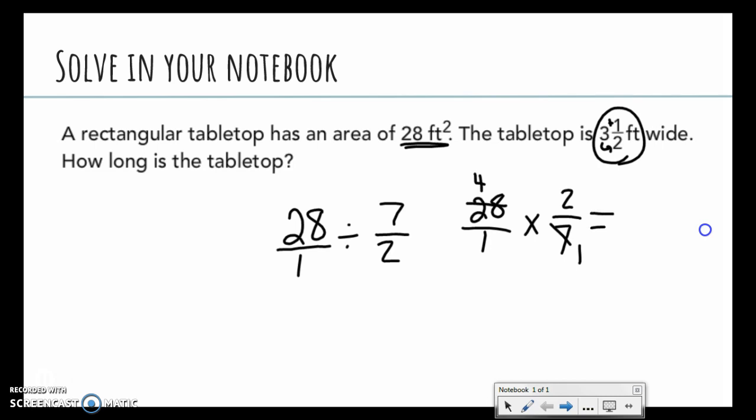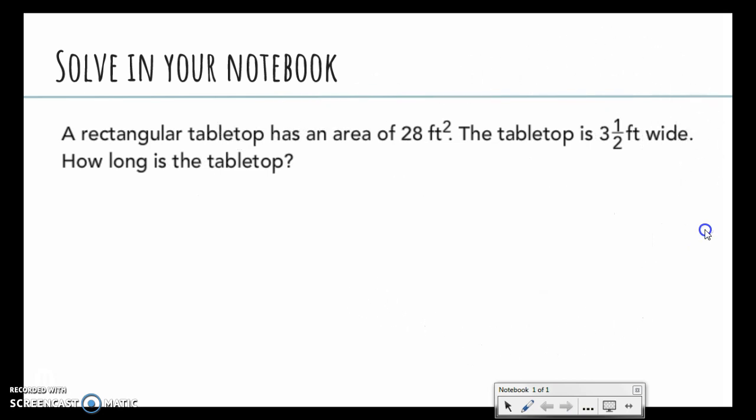So now all I have to do is multiply 1 times 1 and then 4 times 2. And we know, guys, that 8 over 1 is just going to be 8. And since our whole was 28 feet squared and one side was 3.5 feet, it's going to be 8 feet. Okay, y'all see how simple this is? You can do this. Alright, trust me, you can.